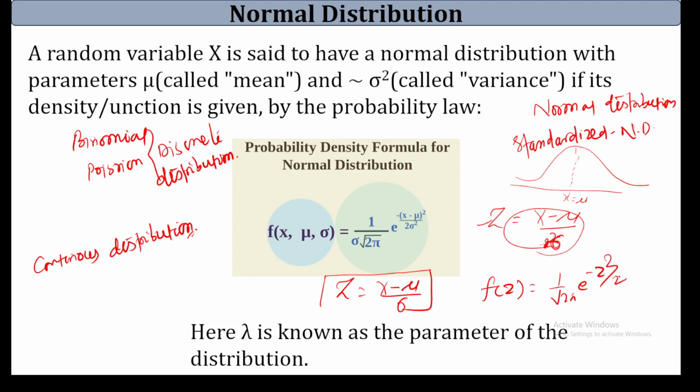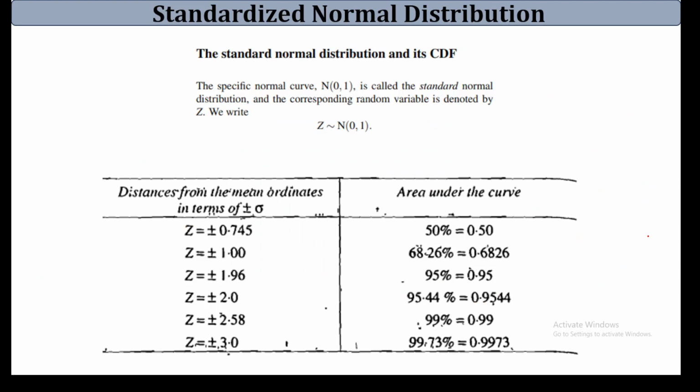For the normal distribution the mean is at x equal to mu, but for the standardized one, z is equal to 0. It starts here and goes minus 1, minus 2, and here plus 1, plus 2, plus 3. In the standardized one the z value is 0, and the distribution goes from minus infinity to plus infinity.